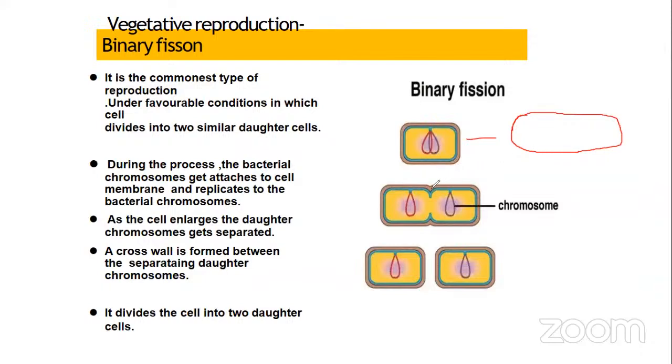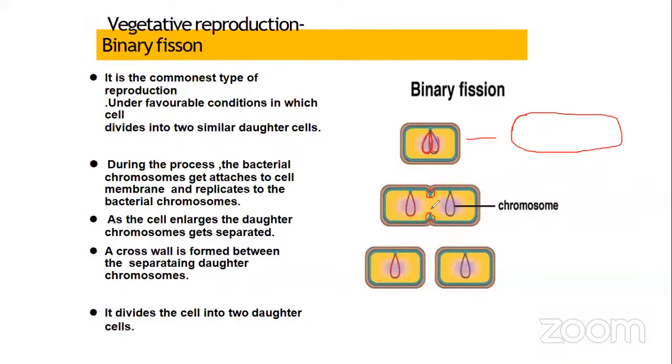Later, in the third step, a small constriction forms in the cell, like this. In the meantime, the bacterial chromosome undergoes replication. Replication means one DNA strand becomes another DNA, that means one becomes two strands. This is called the replication process.